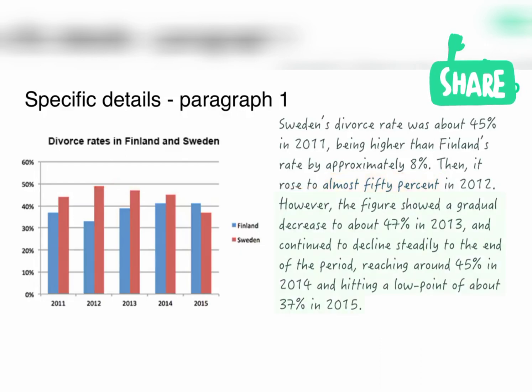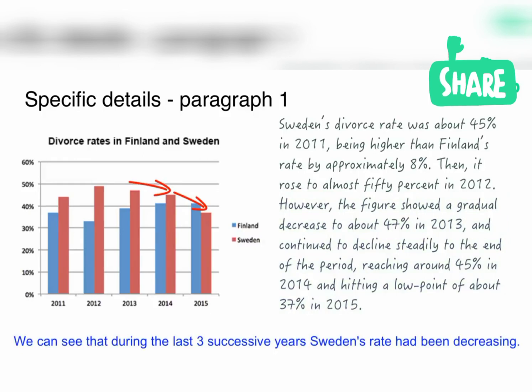And the last sentence in this paragraph is dedicated to Sweden's decreasing trend at the end of the period. We can see that during the last 3 successive years, Sweden's rate had been decreasing.